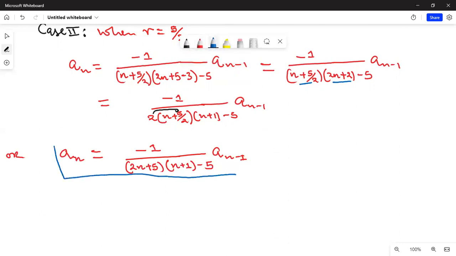So this is the recurrence relation when you substitute r equals 5 over 2.